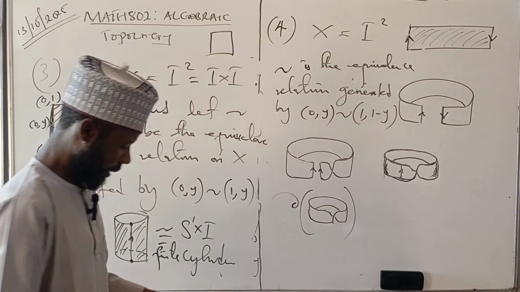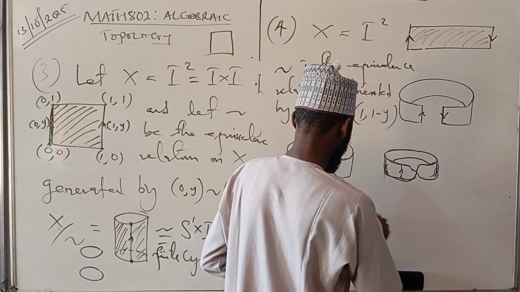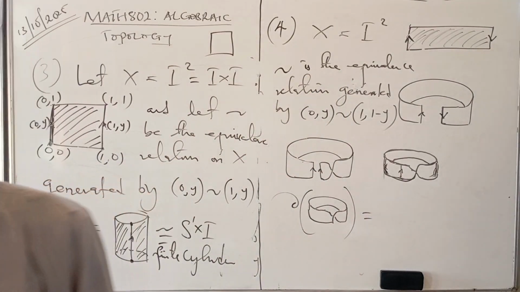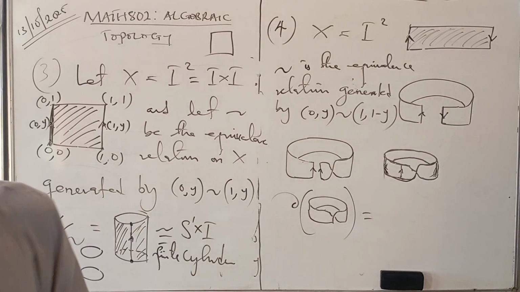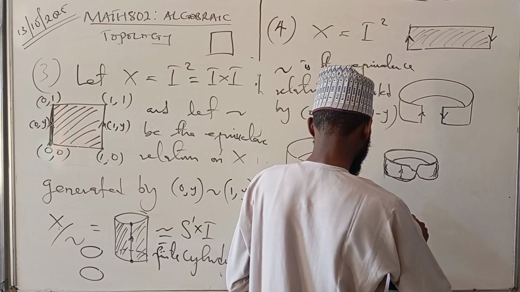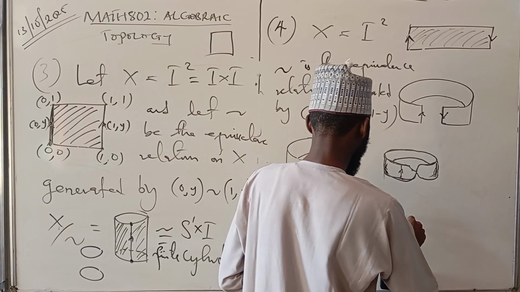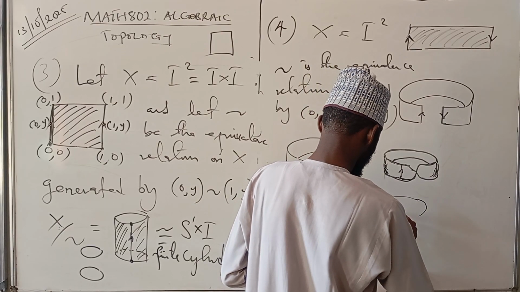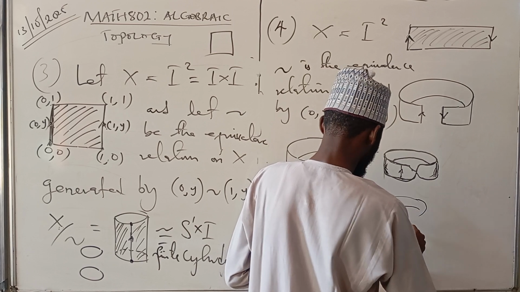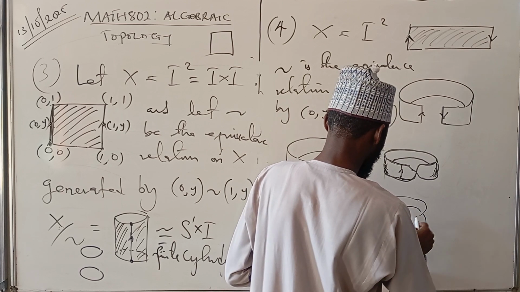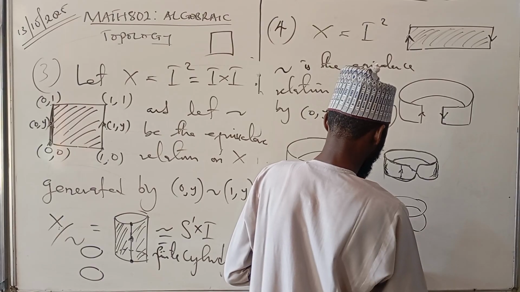Go. So what is the boundary now? The boundary of this will be a cycle. Even though it will not look like it is, the boundary is an entangled cycle, like a knot.